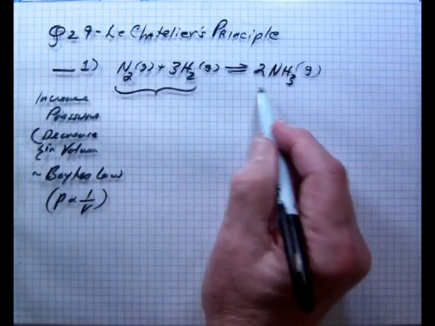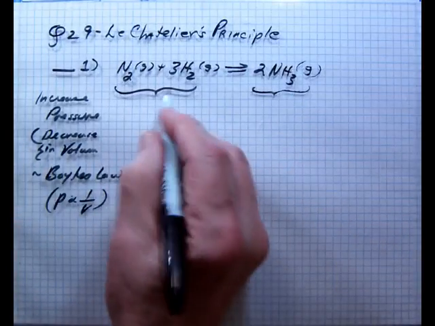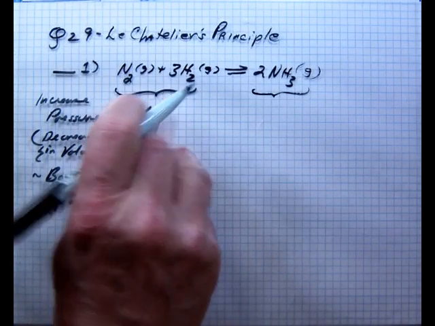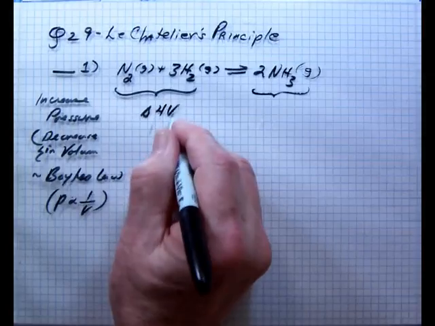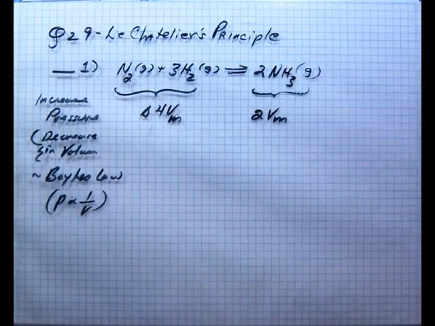If we apply an increase in pressure to this, we look at 4 molar volumes on the reactant side and 2 molar volumes on the product side.